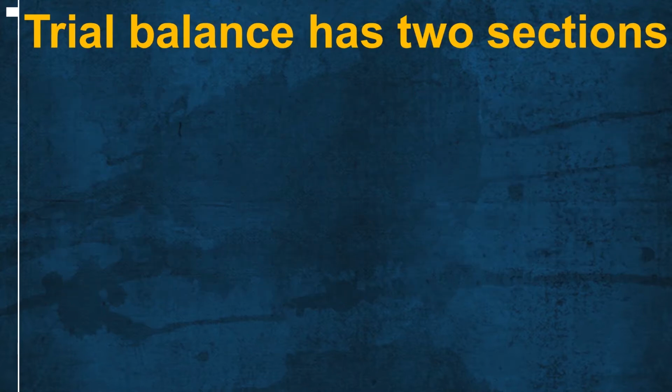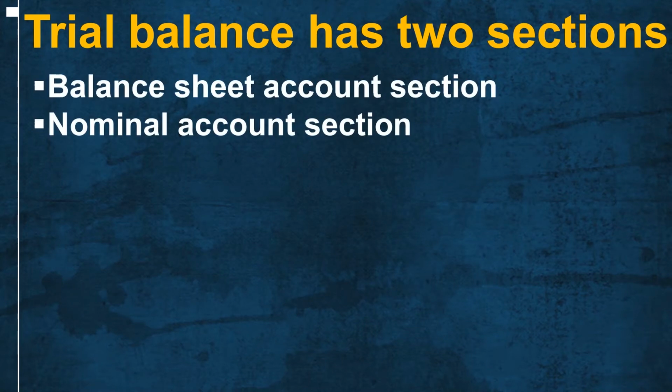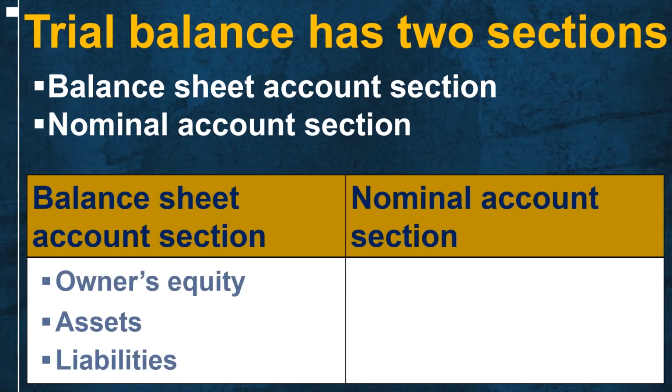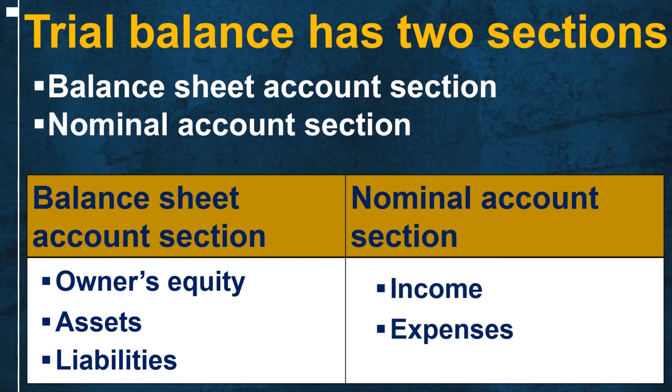first entry. The trial balance is divided into two sections, namely the balance sheet account section and the nominal account section. The balance sheet account section consists of owner's equity, assets, and liabilities accounts, while the nominal account section consists of income and expenses accounts.